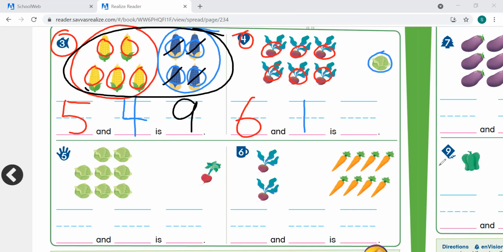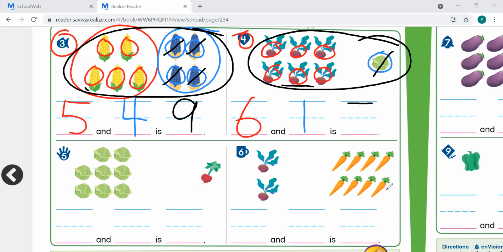We have our 2 groups. We are going to add our 2 groups together. We have 6, 7. So 6 and 1 is 7.